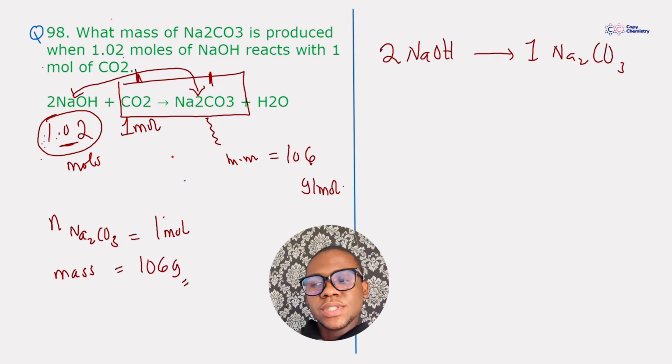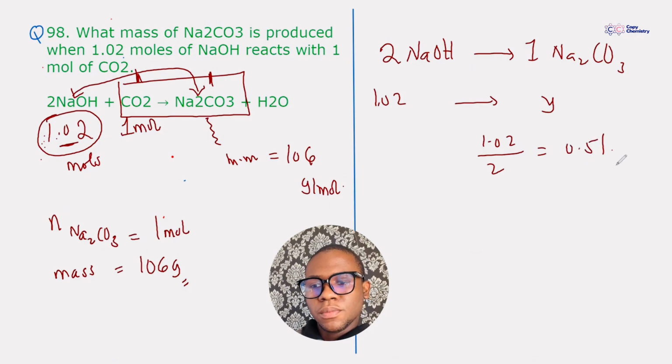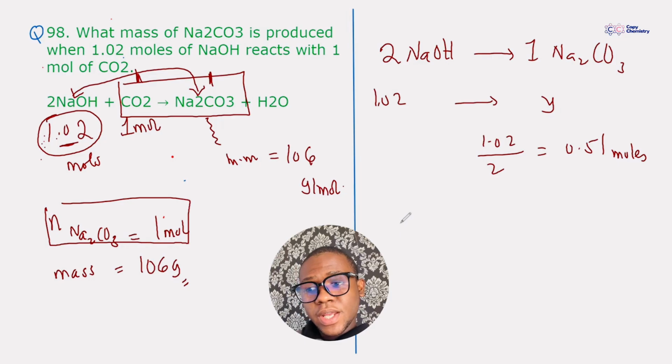Therefore, the 1.02 moles of NaOH I had would mean that what we produce here would be 1.02 divided by 2, which is about 0.51 moles. So that stands as the number of moles of Na2CO3. From there, you can get your mass.